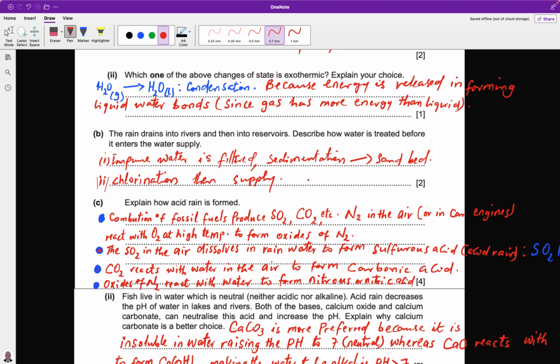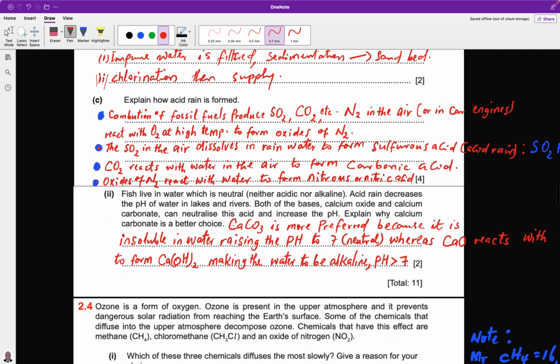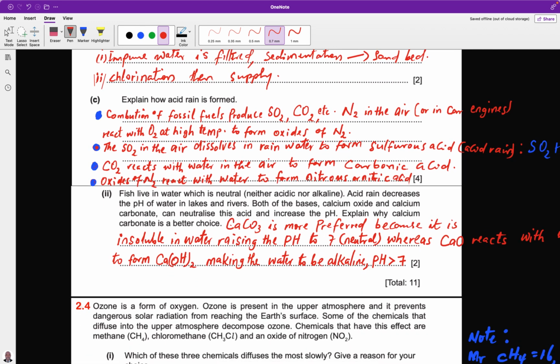Okay, now the C part of it, explain how acid rain is formed. Acid rain, as I told you, is formed from gases that are produced in the atmosphere, most of these greenhouse gases.